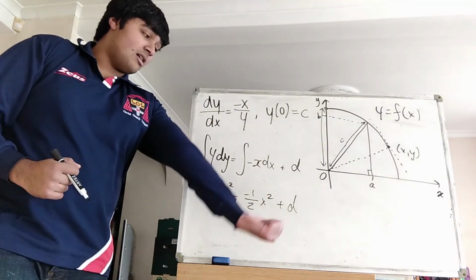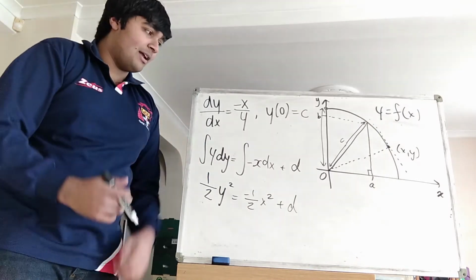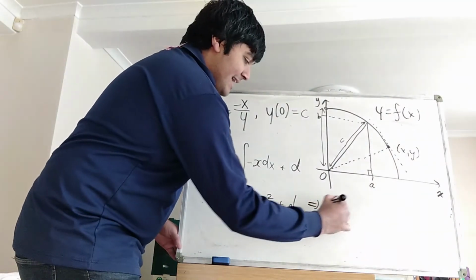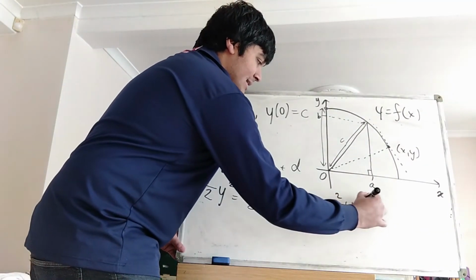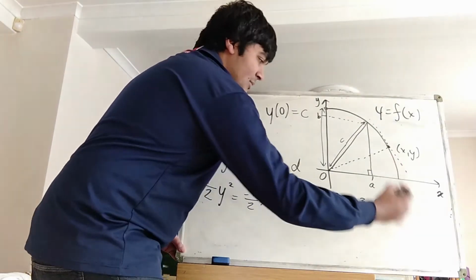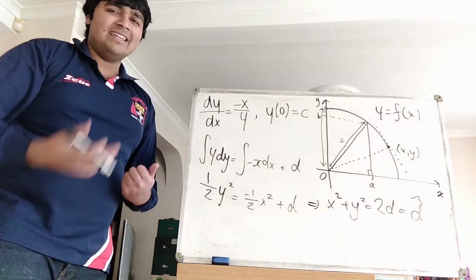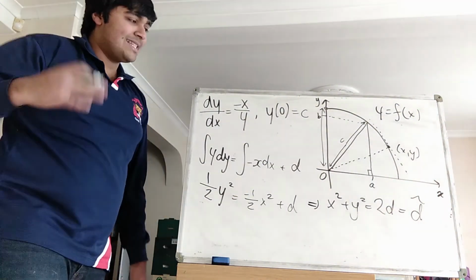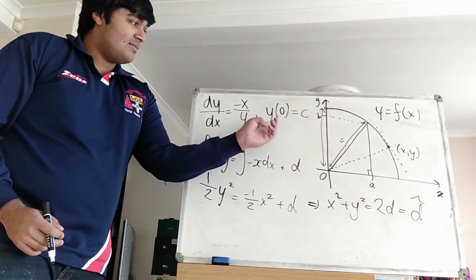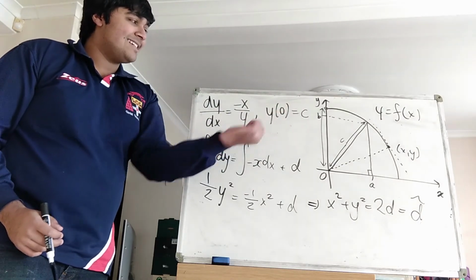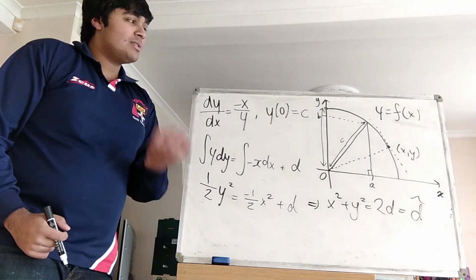So bringing the minus a half x squared onto this side and then multiplying through by 2 gives us that x squared plus y squared is equal to 2d, which I'm just going to call d tilde. Because remember, d is a constant, so certainly 2d is some constant. Now we're going to use our initial condition, that y evaluated at 0 is c.